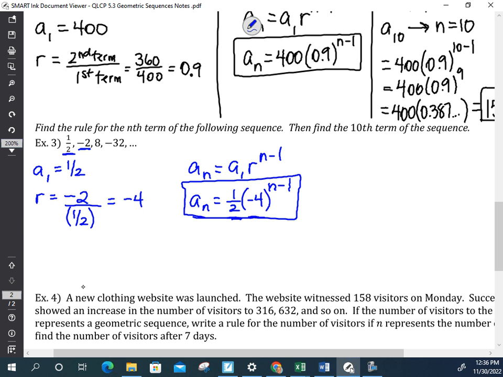We leave them as is. So there's step 1. There's step 2. So step 3, find your desired value. So A10 is equal to 1/2 times -4 raised to the 10 minus 1.